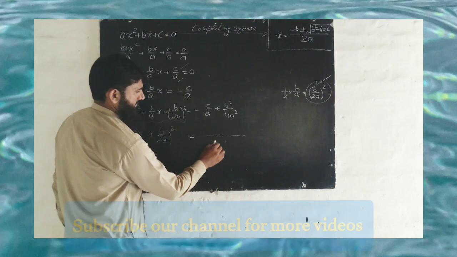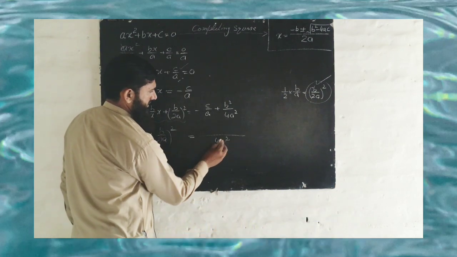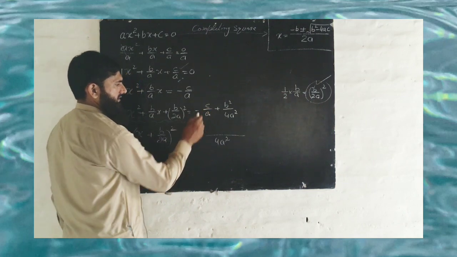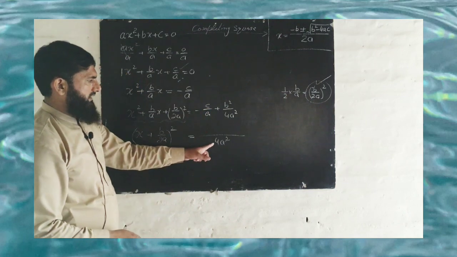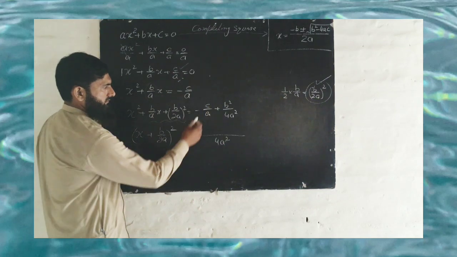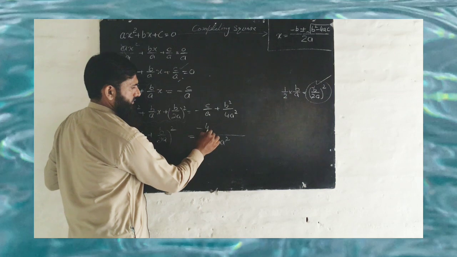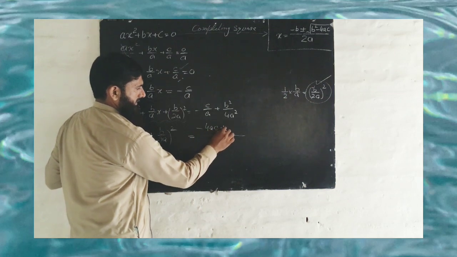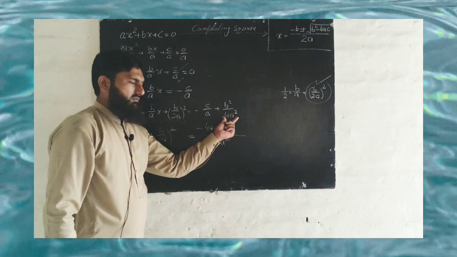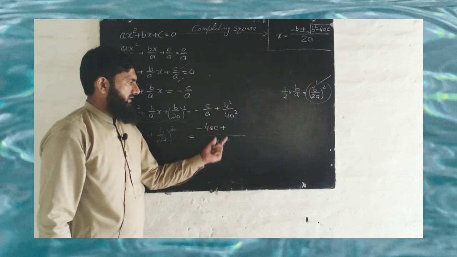Here the LCM is 4a square. We will divide the LCM by this quantity, and the result is 4a, and we multiply 4a by the numerator, which is c, and the result is 4ac plus the LCM divided by this denominator, and we see that these terms are exactly the same.